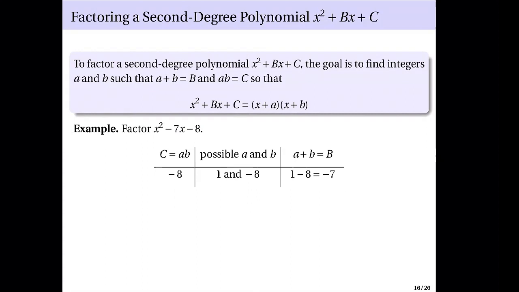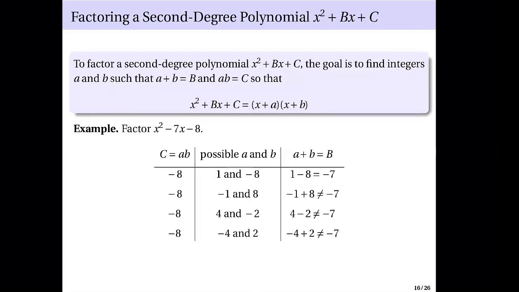There are other possibilities. Let me show them. -8 is also -1 times 8. But -1 plus 8 is not equal to -7. -1 plus 8 is +7. So this is not what we wanted. -8 is also 4 times -2.